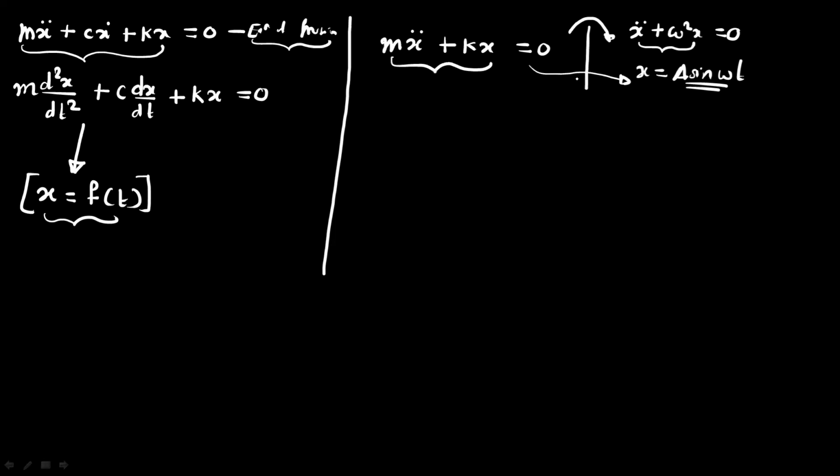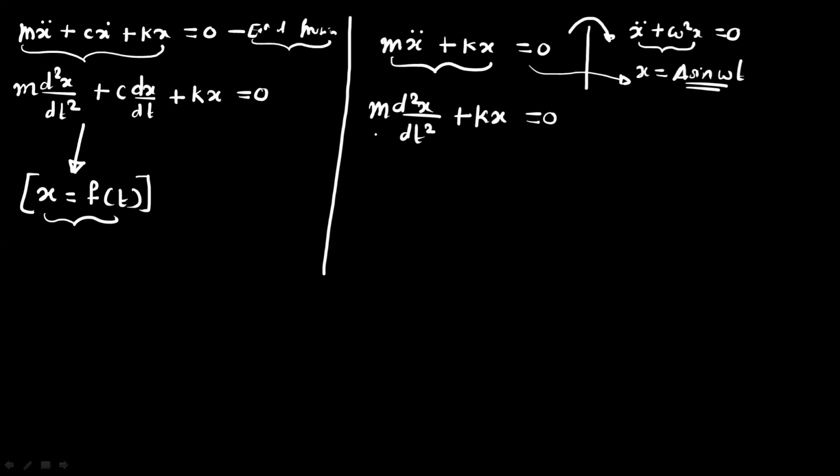But suppose you want to derive the solution x from this equation of motion, then we should convert this into the differential form. So I will write this as m d square x by dt square plus kx equal to 0.